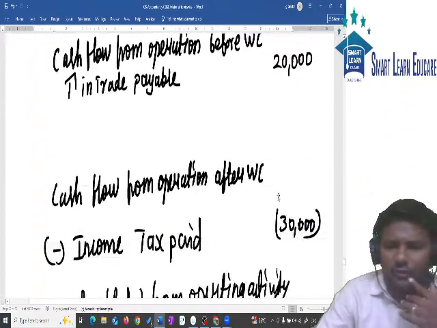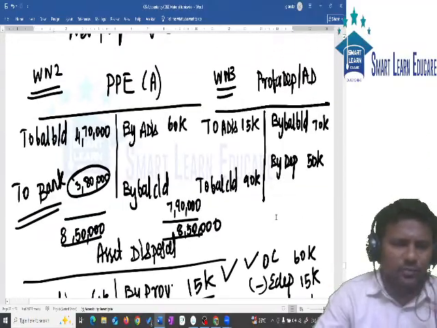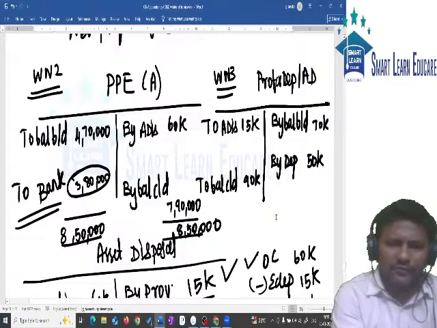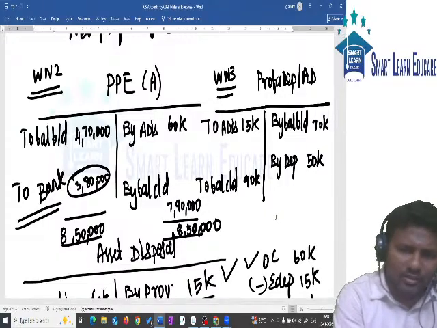I think we still have a few more depreciation items. See the provision for depreciation account and total it.